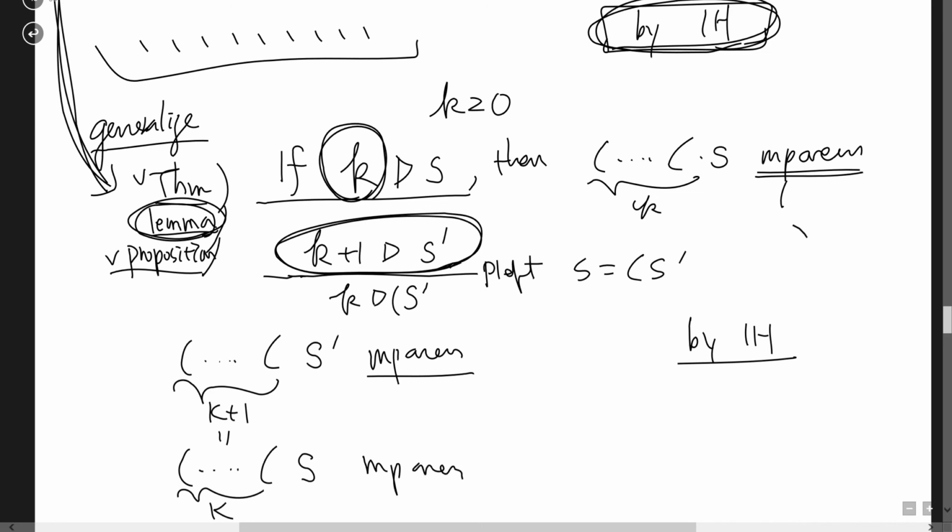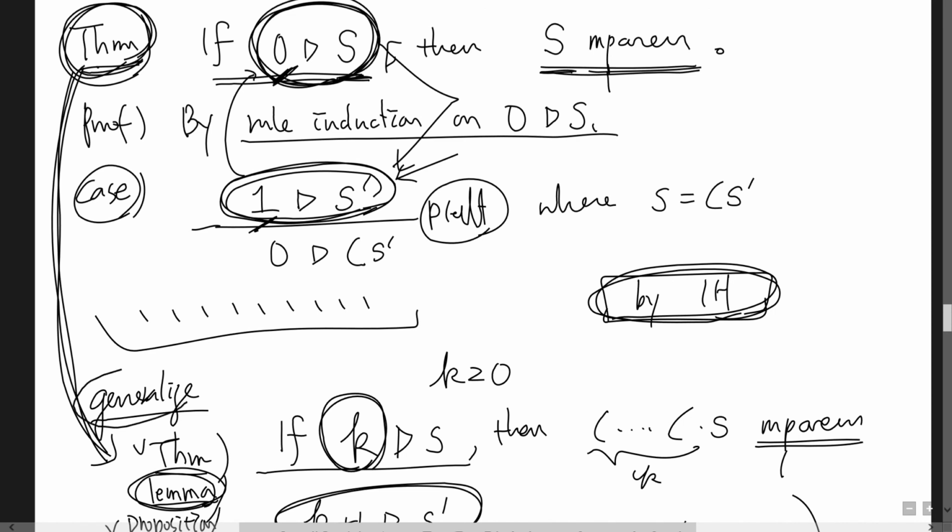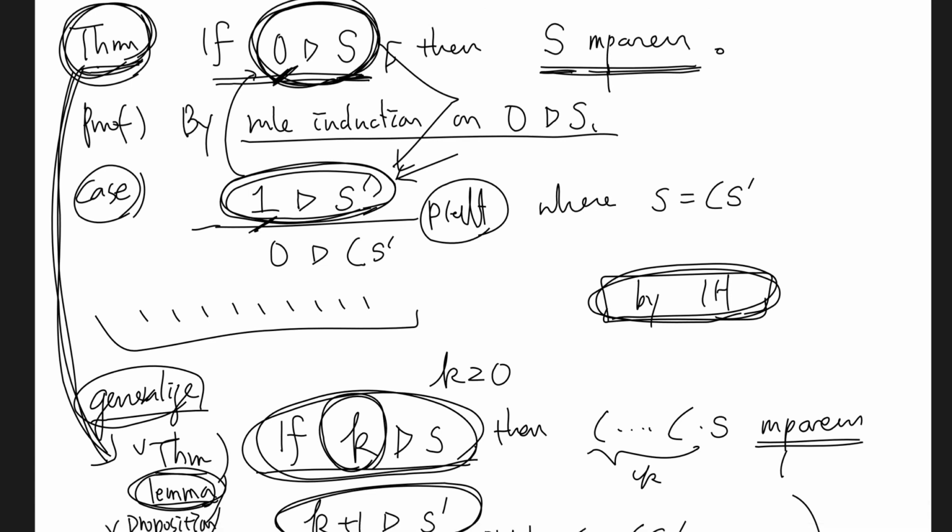So the case is done. Notice that we do not introduce a separate lemma. It's just a direct result of generalizing this statement into something stronger. So this example illustrates when we need to generalize a given statement, when introducing a new lemma doesn't help.